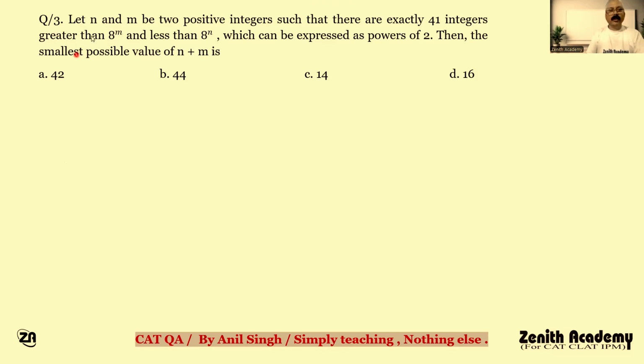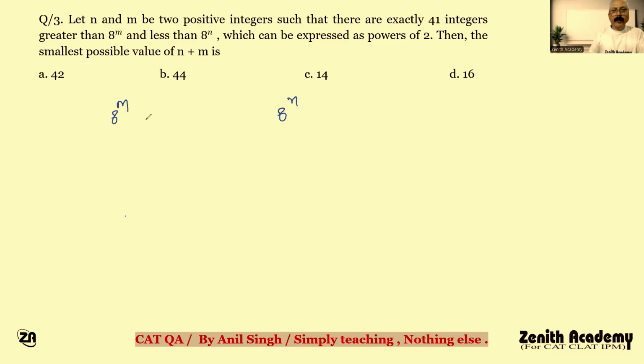Question number 3. Let m and n be two positive integers such that there are exactly 41 integers greater than 8 to the power m and less than 8 to the power n which can be expressed as powers of 2. Then find the smallest possible value of n plus m. Okay, 8 to the power m and 8 to the power n.